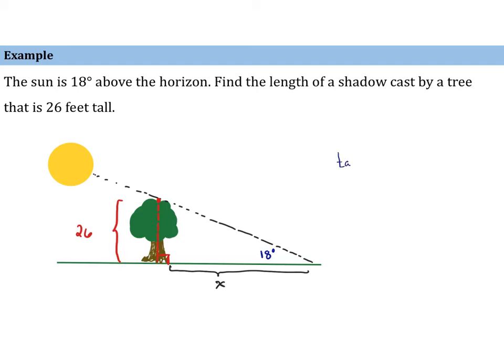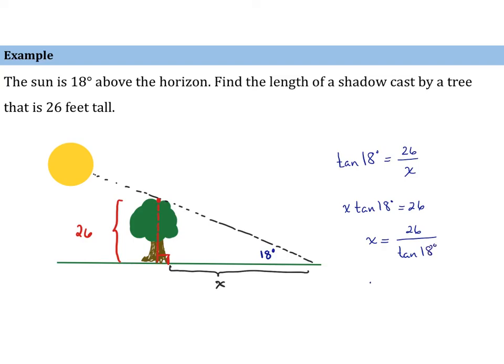So we know that tangent of 18 degrees should equal opposite, which is 26, over adjacent, x. This would mean x tangent of 18 degrees would equal 26 by multiplying both sides by x. And so x would equal 26 over the tangent of 18 degrees.